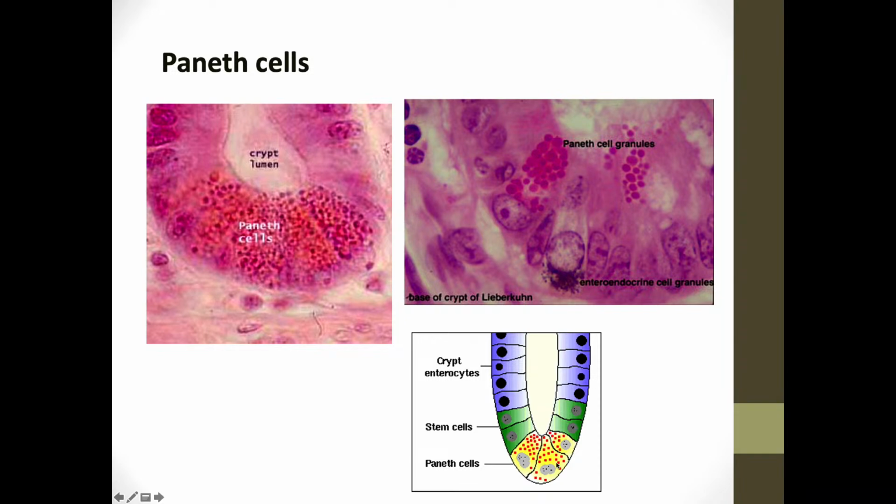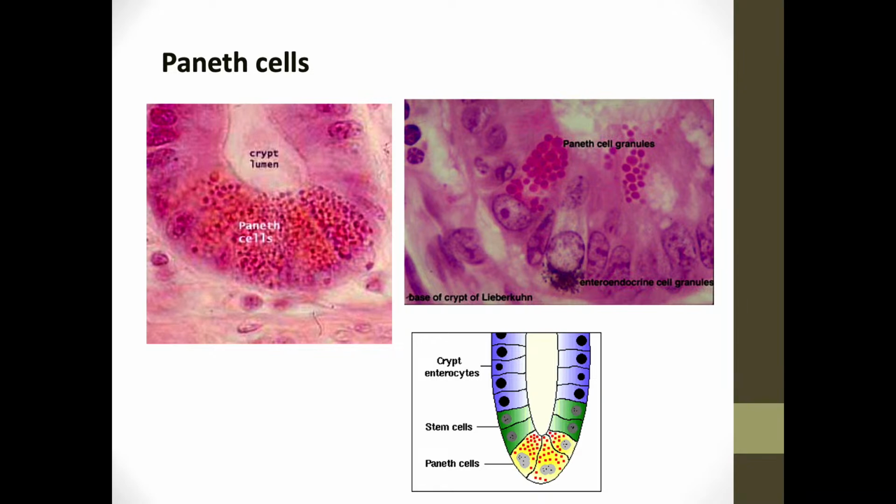the Paneth cells, with such very acidophilic granules, and these cells play an important role in innate immunity because the active substances which are secreted from these cells break down the wall of bacteria and parasites. They secrete lysozymes.